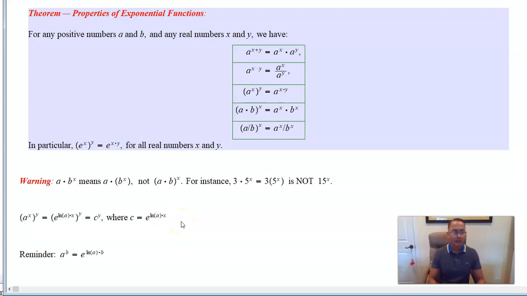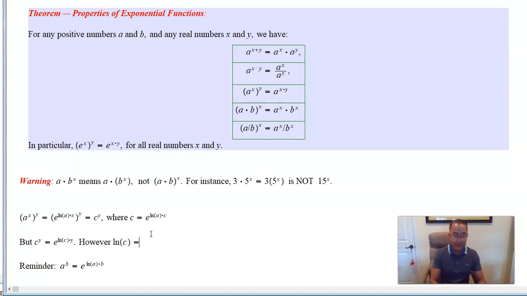But we now have c to the y, so let's apply the same principle. c to the y is, according to our formula, e to the power ln of c times y. But c is this thing, so what is ln of c?